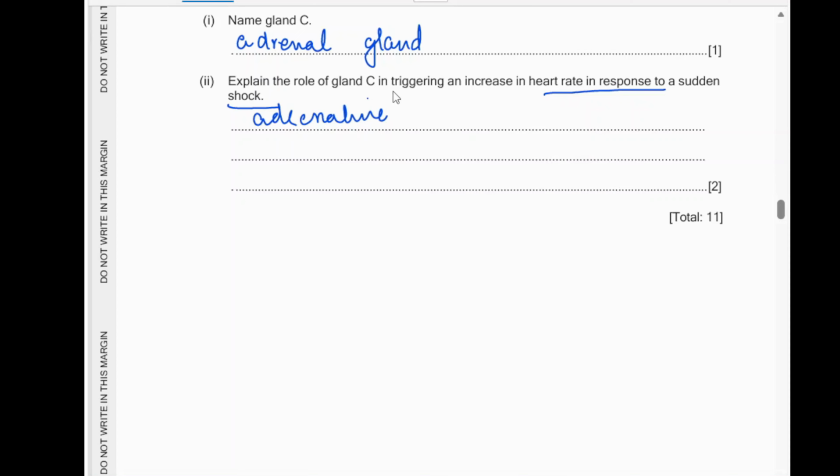It prepares the body for fight or flight response. So they haven't asked you about the function. They have given you the function. They have asked what is the role of increasing heart rate. Now the heart rate has increased. Why do you think so? And what is the purpose of that? Correct. We can say to prepare the body for increased activity.